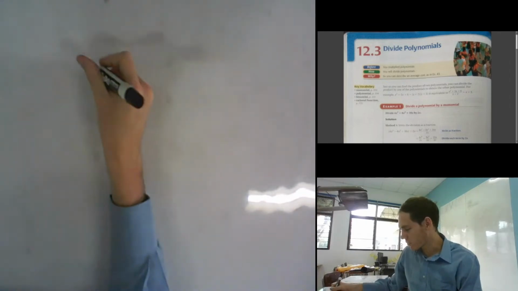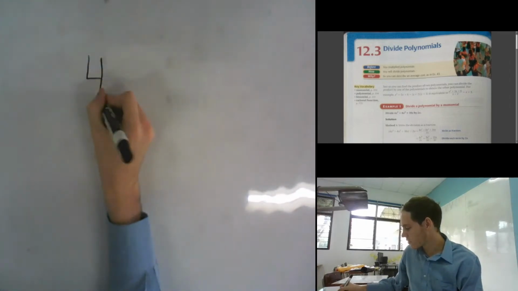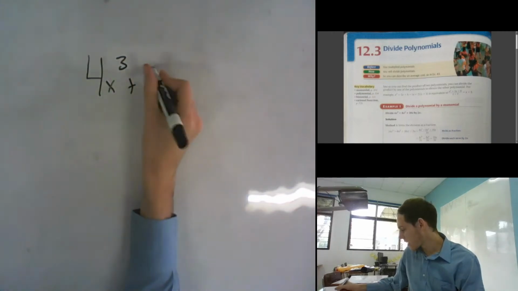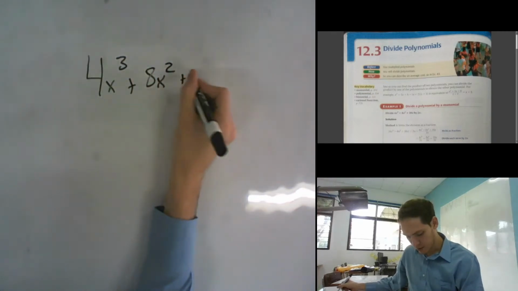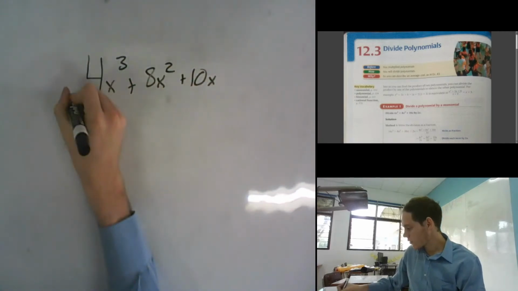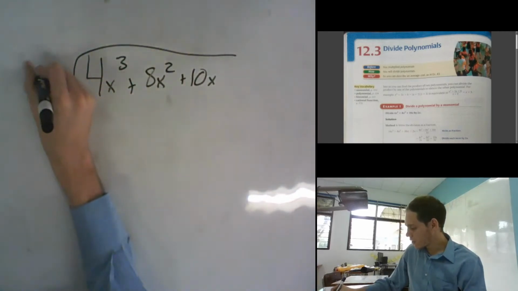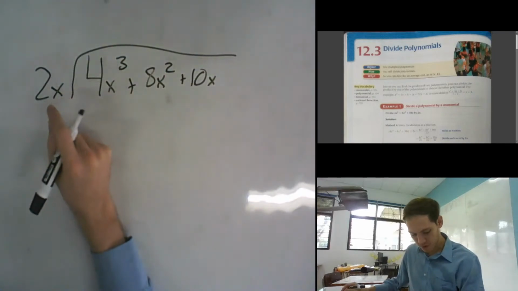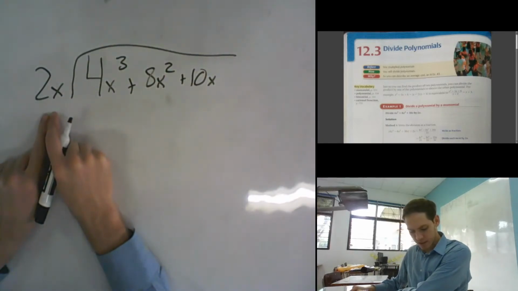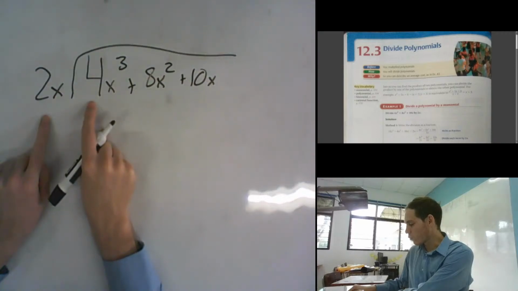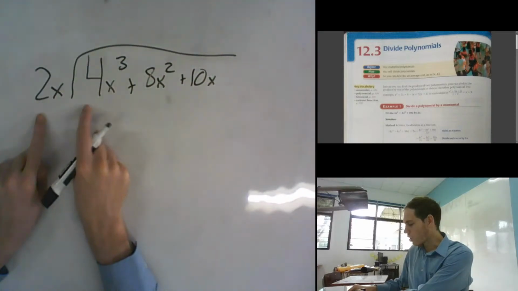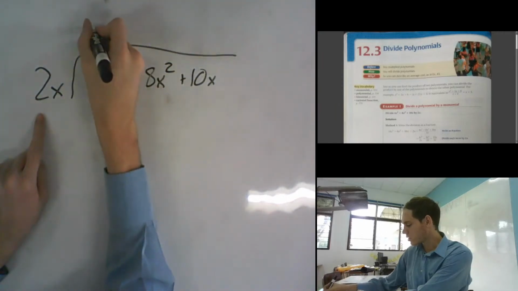You have to show all the work. This is the work that we have to show right here. Long division. 4x cubed plus 8x squared plus 10x. So what we do in long division is we first see, okay, what's 4x cubed divided by 2x? 4 divided by 2 is 2.